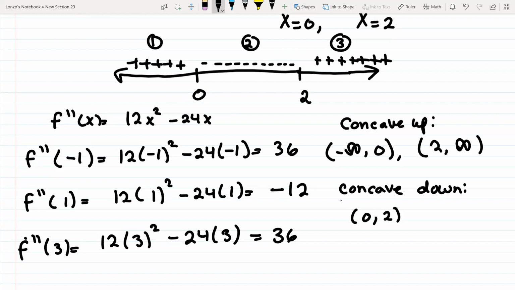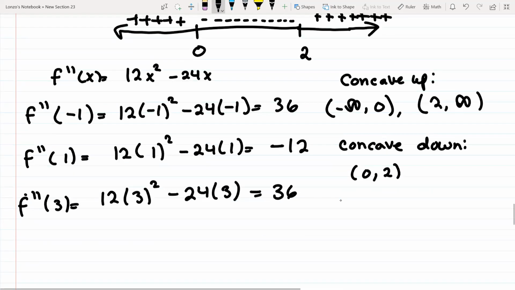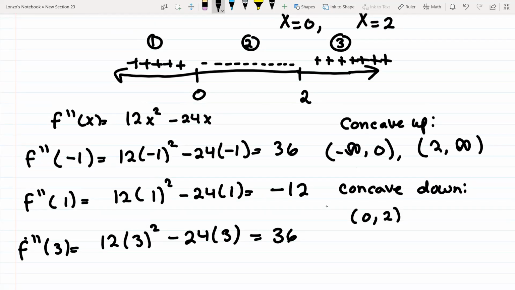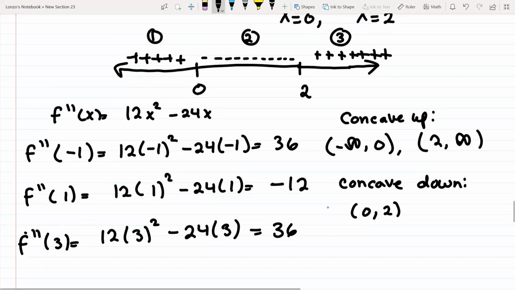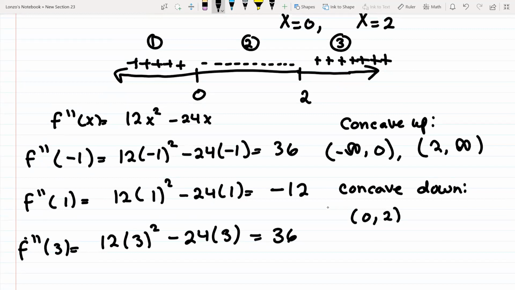Okay, and do we have a point of inflection? I think we do. If you look at our sign chart, we have a point of inflection at the x value of 0 and 2. Why? Because it changes signs.